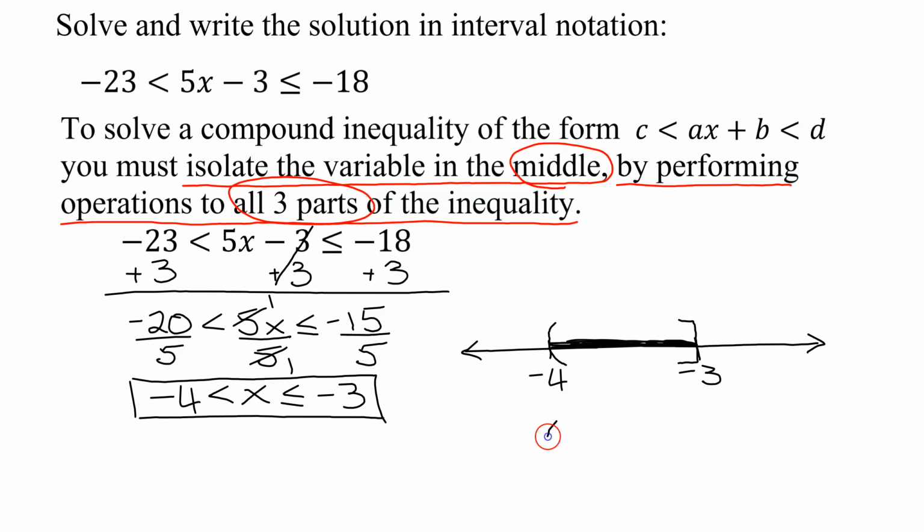It starts with parentheses, negative 4, comma, negative 3 with a square bracket on it. So that means any number in between negative 4 and negative 3 and including negative 3 but not including negative 4 is a solution to this inequality.